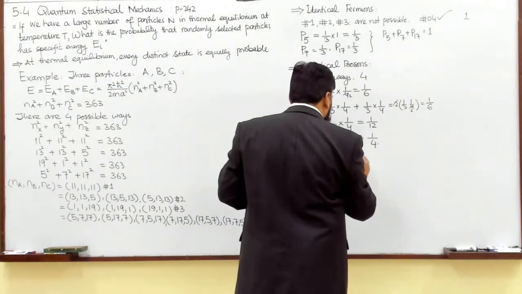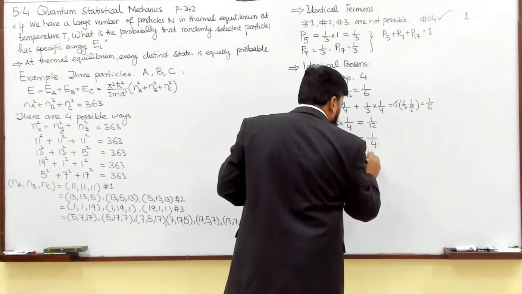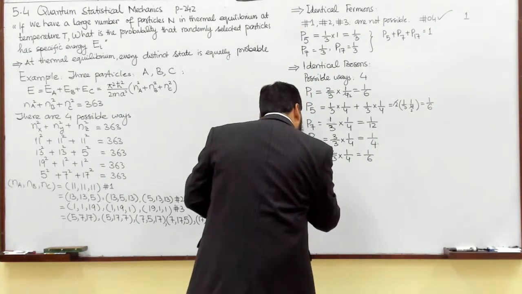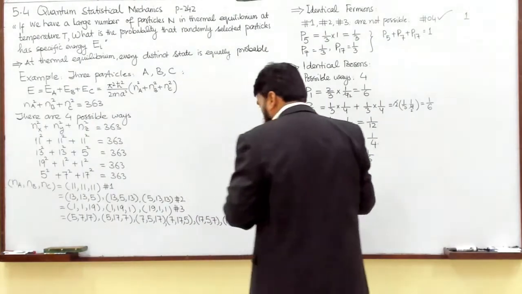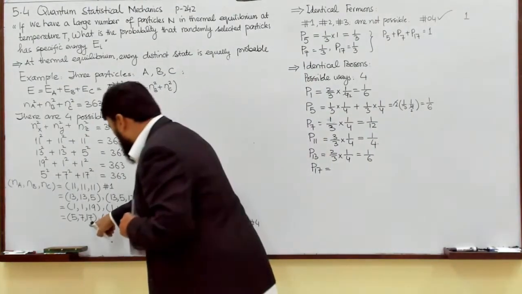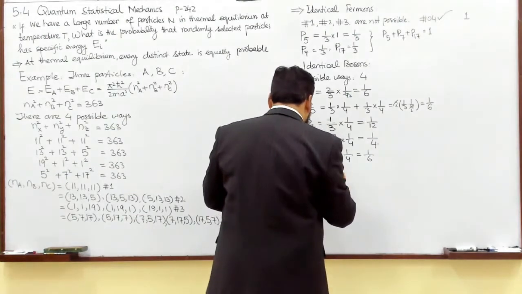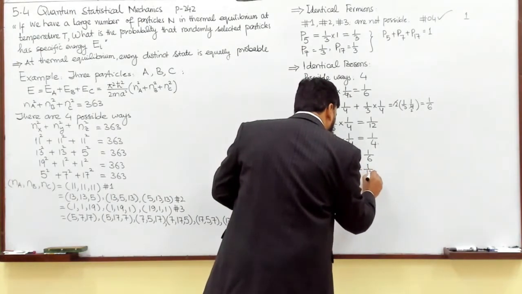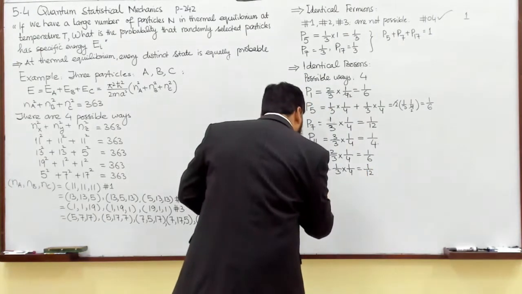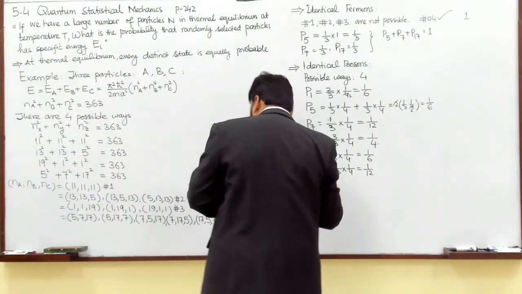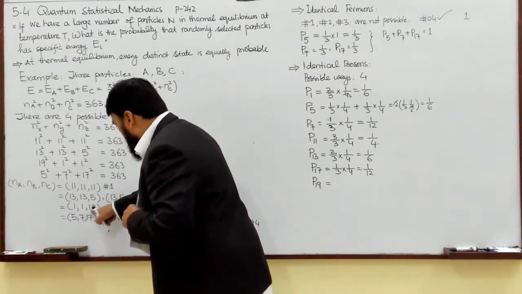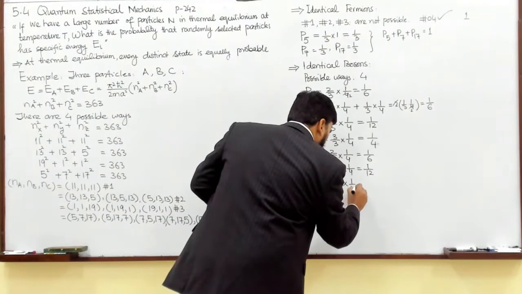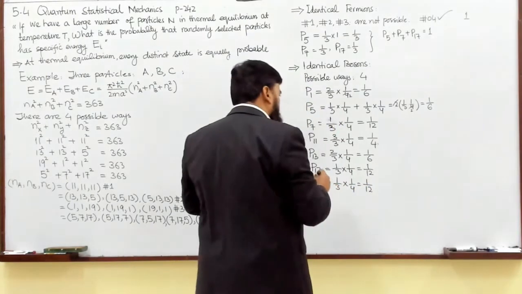So it is again simplified to 1 over 6 here. And P17 here is 1 over 3 and 1 over 4, so this is 1 over 12. And P19 is also the same because it is 1 only. 1 over 3 into 1 over 4, and this is also 1 over 12.